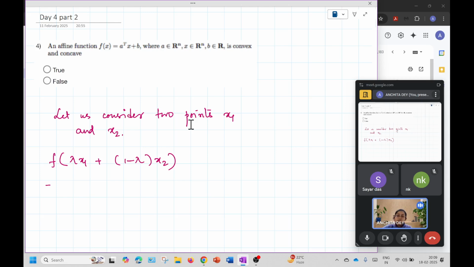In general, for any lambda, you see what happens. The argument itself is lambda x1 plus 1 minus lambda x2.